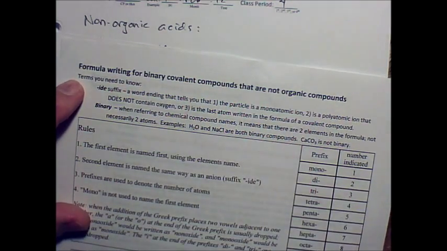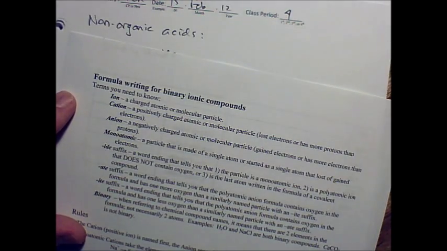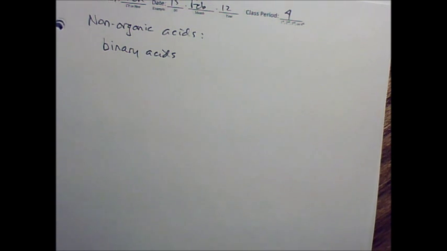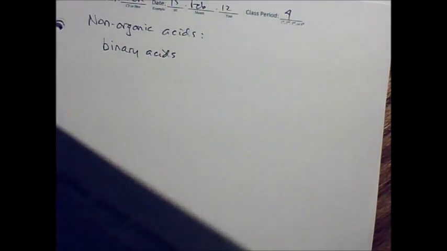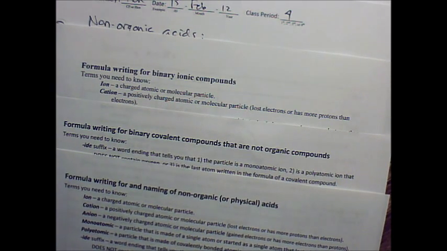And then we got one formula writing for binary ionic compounds. So you're missing the one. Those are the ones we have.